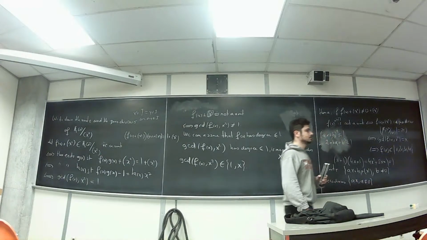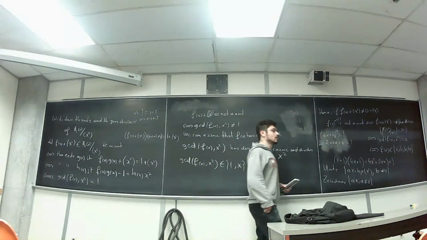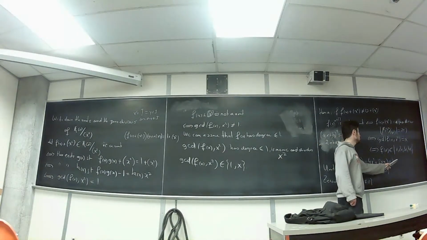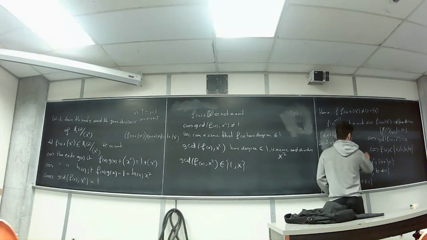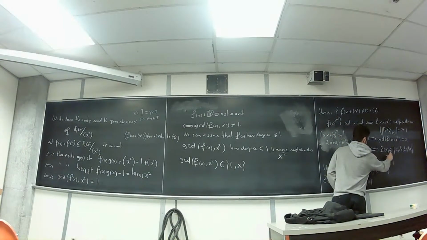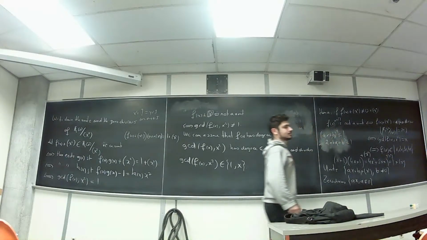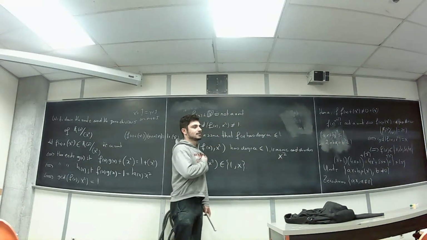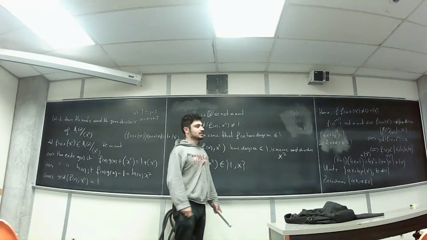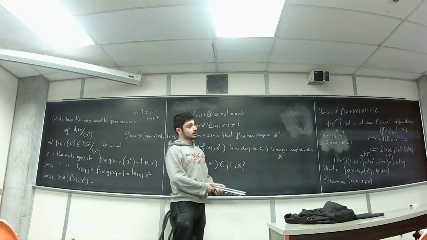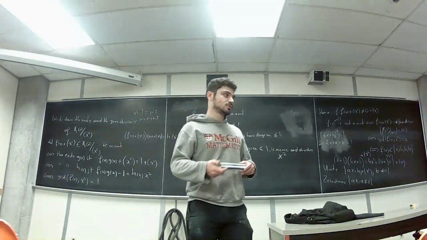No, these are equivalence classes. This is modulo x squared. Okay, that's why the degree is one. Exactly, because you're working modulo x squared, so it's a polynomial of degree at most one.